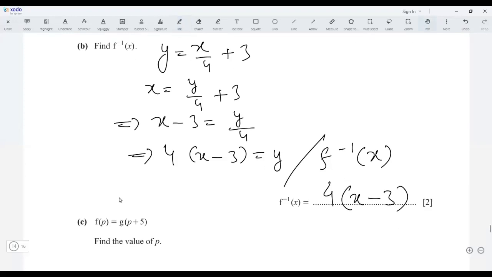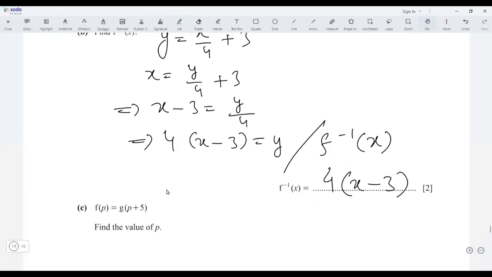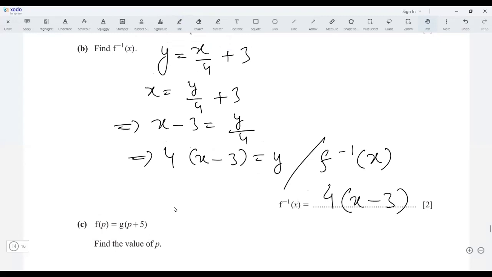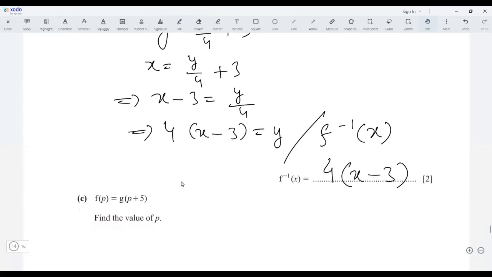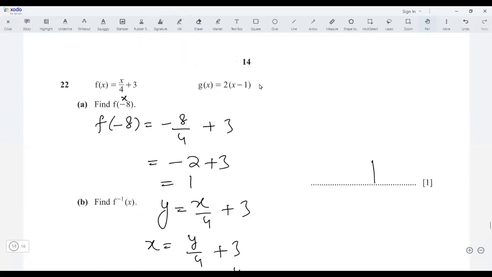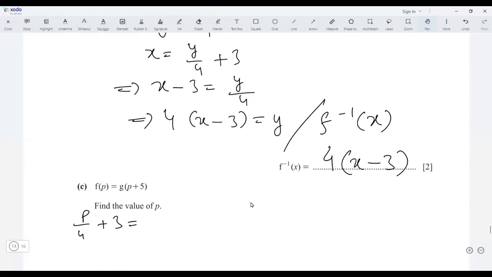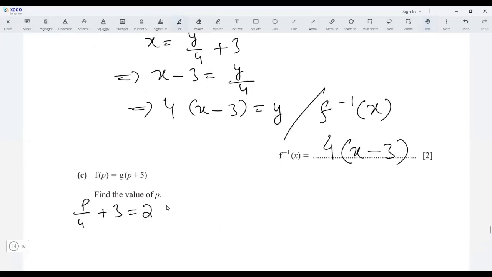Next question is the equation. f of p means that in place of x in the function f of x, you write p. So it becomes p over 4 plus 3 equals g of p plus 5. In the function g, at the place of x we have to replace p plus 5. So 2 times x minus 1 will be 2 times (p plus 5) minus 1.